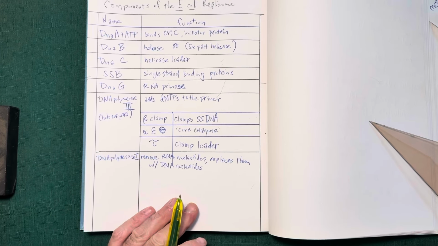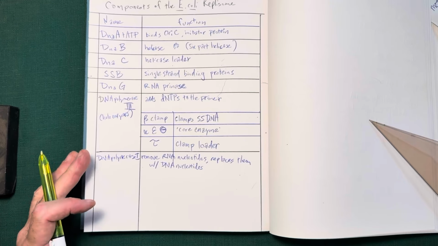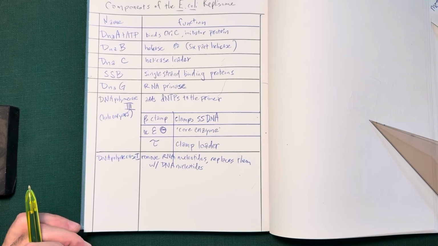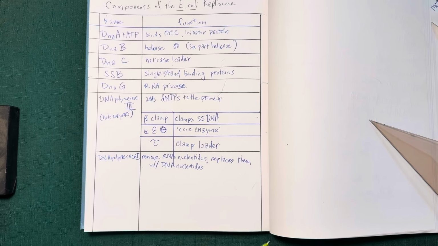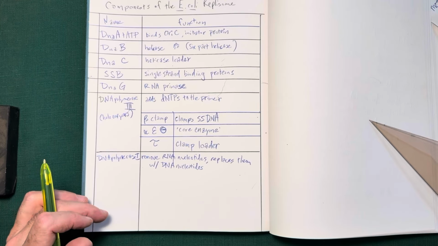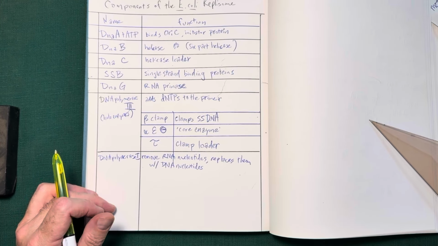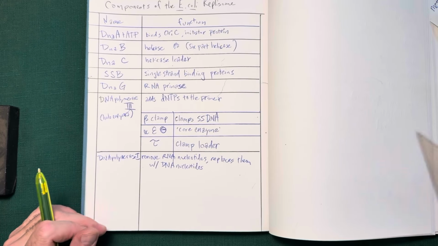So it recognizes on the end of the previous Okazaki fragment, for example, that there's a free DNA 3' hydroxyl that's attached to an RNA molecule, that's bounded by an RNA molecule, and it recognizes that those RNA nucleotides are just a placeholder until DNA nucleotides can be added.